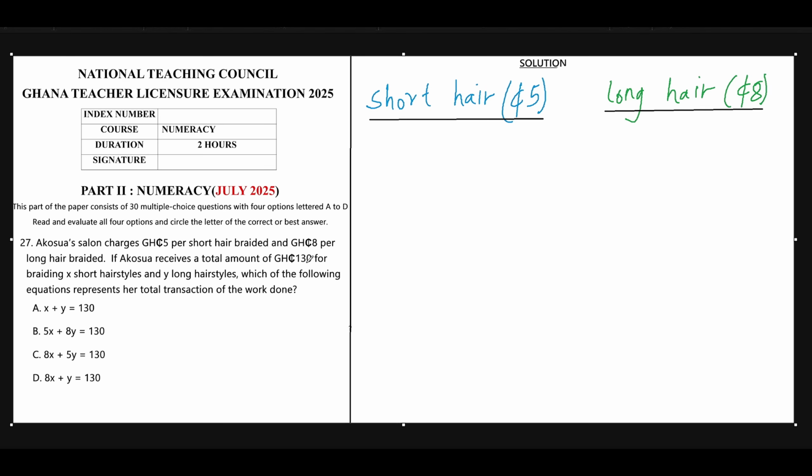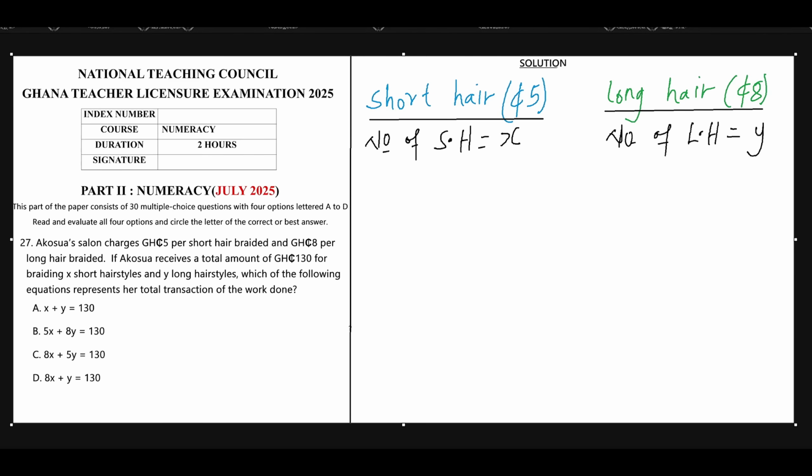But then we don't know the actual number of short hair that was braided. But we are told that the number of short hair braided was given as X, and the number of long hair braided is given as Y. So we have to look for an equation that represents the total transaction of work done.